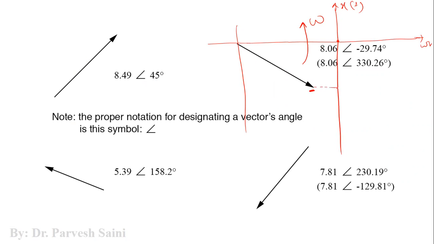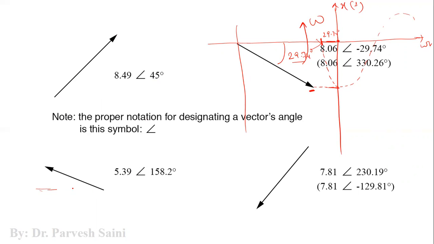Here it is 29.74 degrees lagging the reference phasor, so we take 29.74 degrees this side, and this quantity will be like this. So it is representing its phase, or its angular displacement, with respect to the reference.